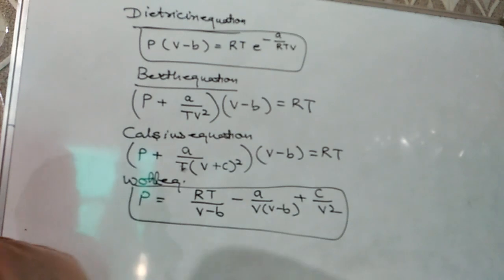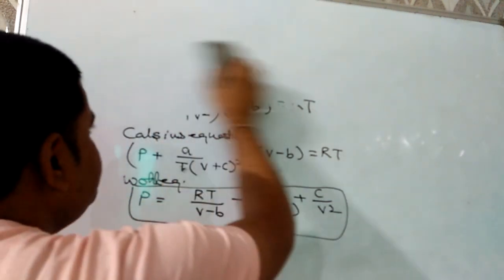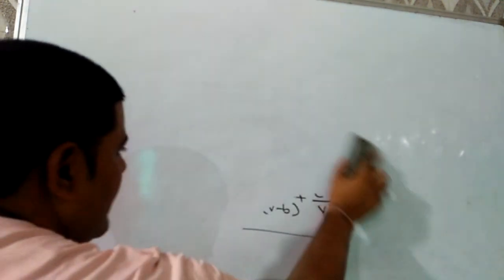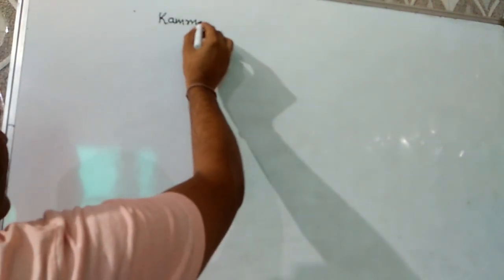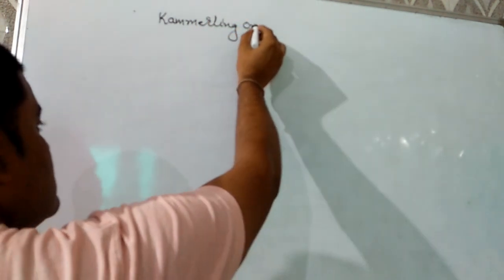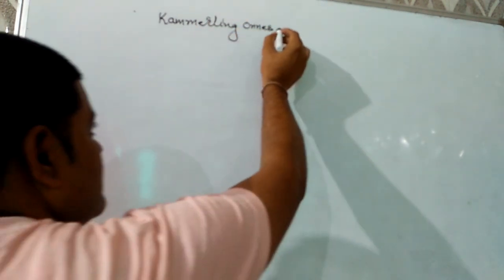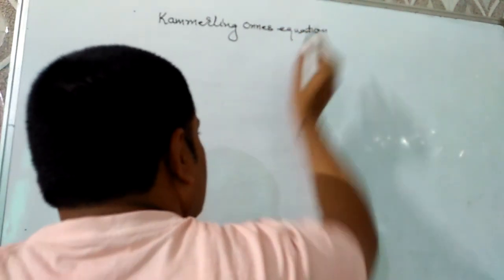The last one is a very important one, and that equation is known as the Kamerlingh-Onnes equation.